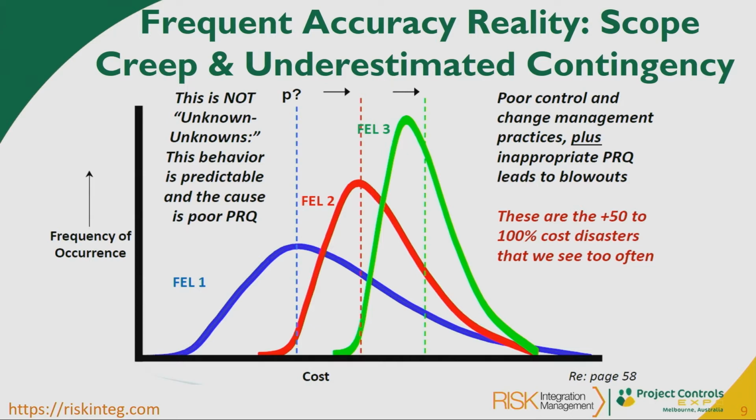He doesn't like it at all, and he says that we should be able to get this right, and this sort of slippage shouldn't happen if you are doing a quality job of assessing the risk of the project. So poor control and change management practice and inappropriate project risk quantification lead to blowouts, and that's the sort of thing that you would see too often.